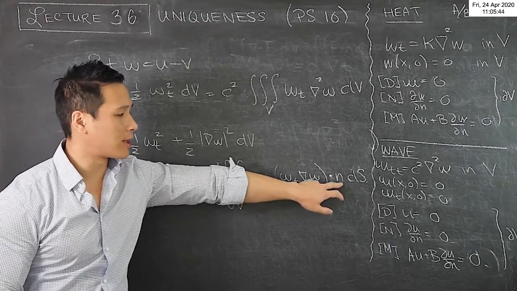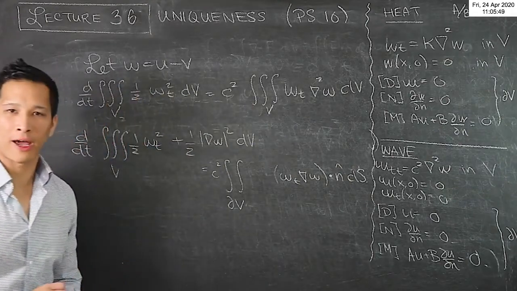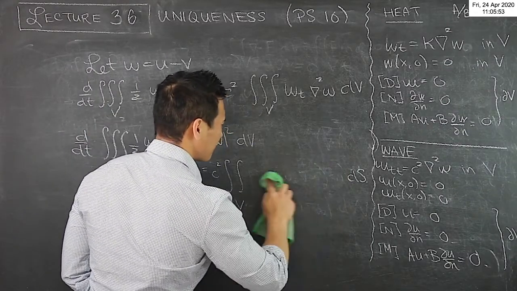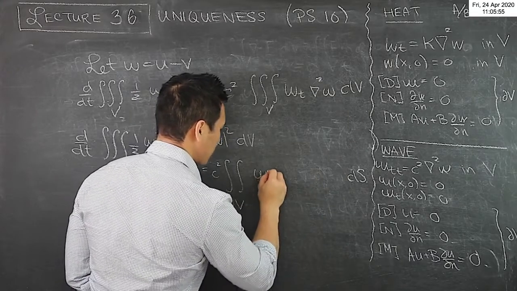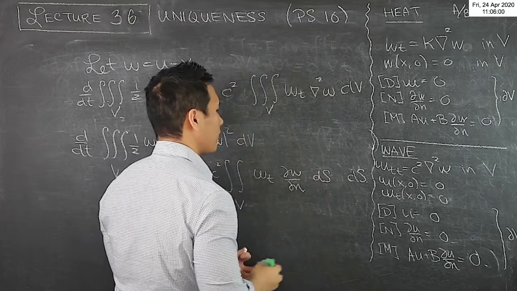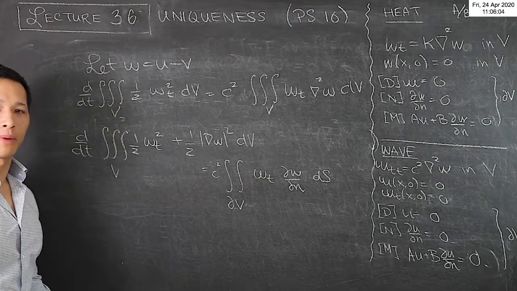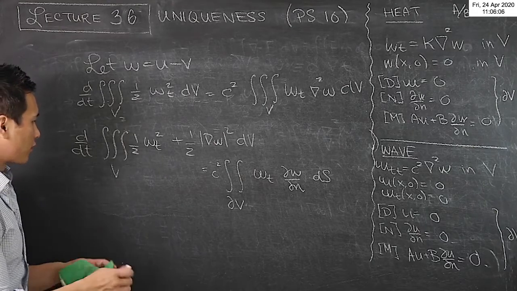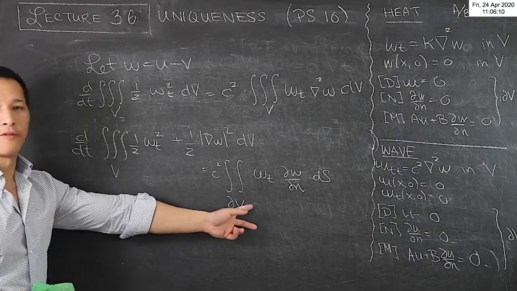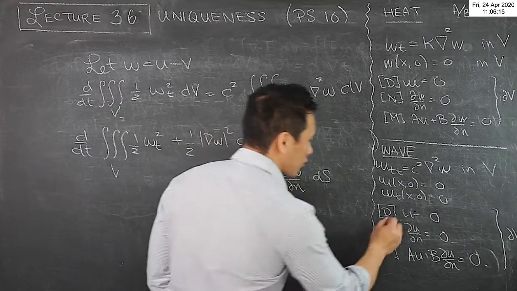Grad w dot n is dw/dn. Again, you want to be careful here. You put the little hat to remind yourself that it's a unit vector. But this is w_t dw/dn. Good. Now we're ready to apply the boundary conditions. So we've converted it into the derivative of an energy is equal to values over the boundary. And we have different choices here. These are all w's now.